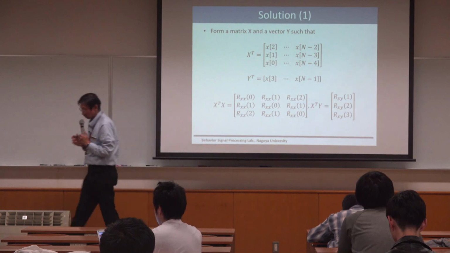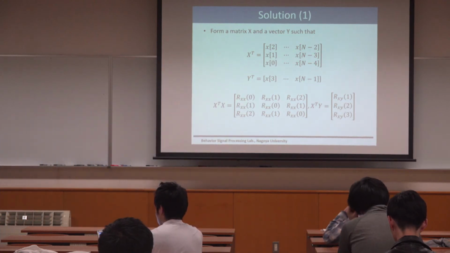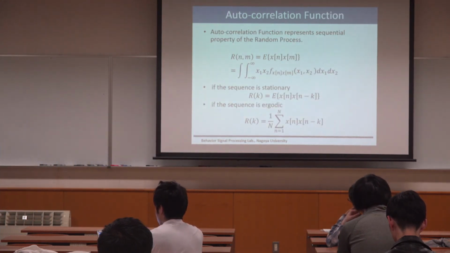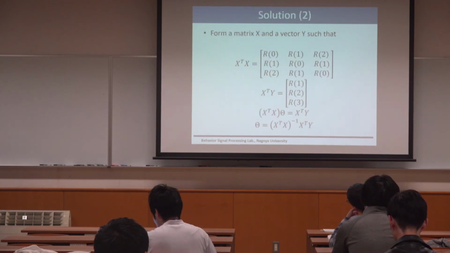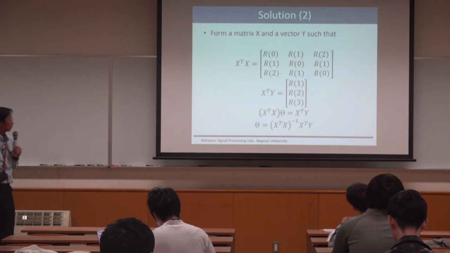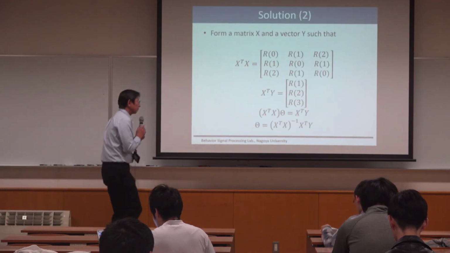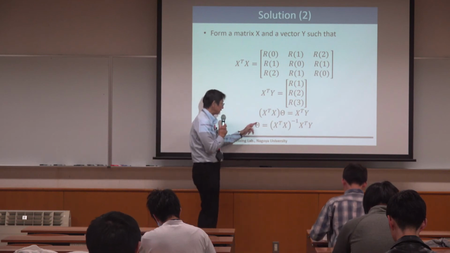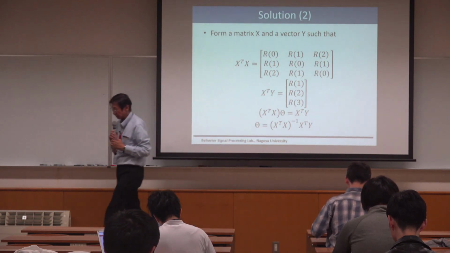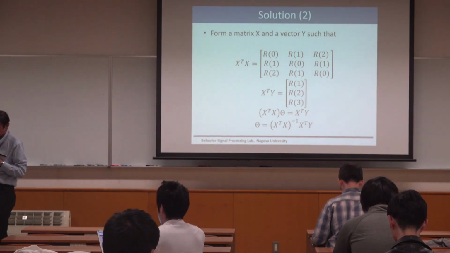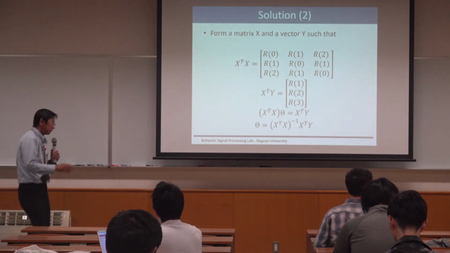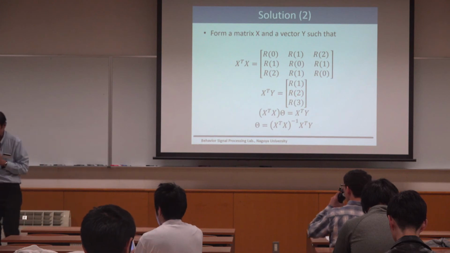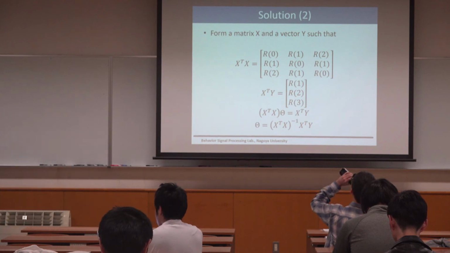Therefore, you can easily solve this linear equation in the same way. So by this operation, you can define theta. Actually, this operation is known as linear prediction of the time sequence data.